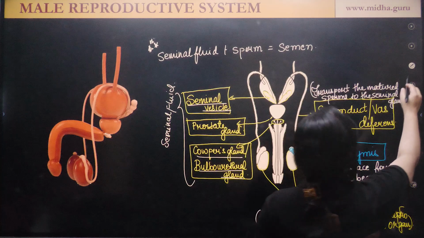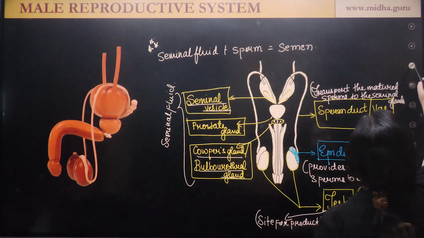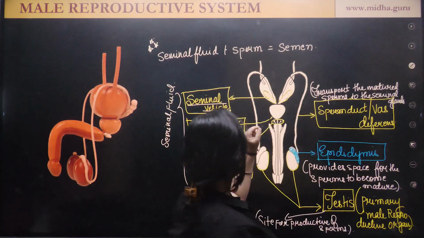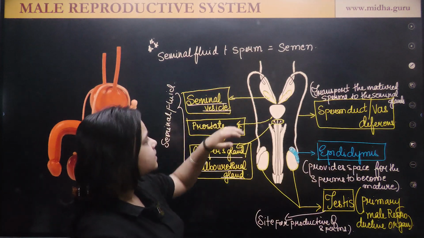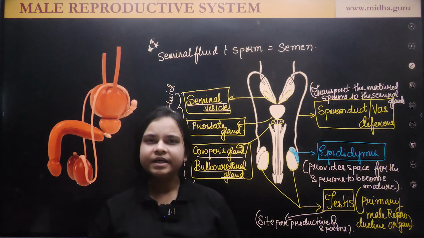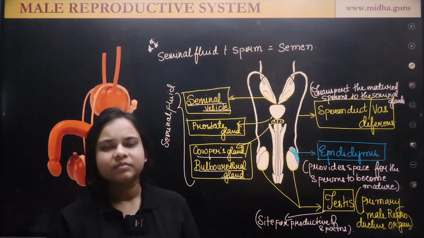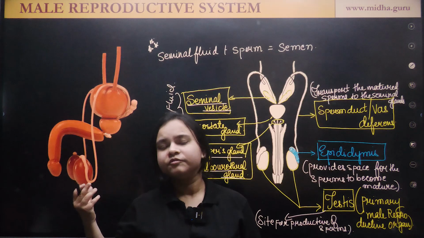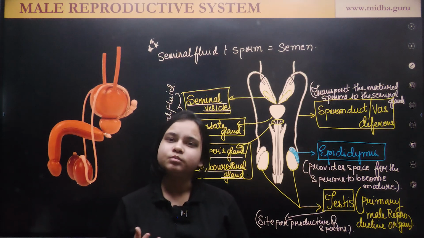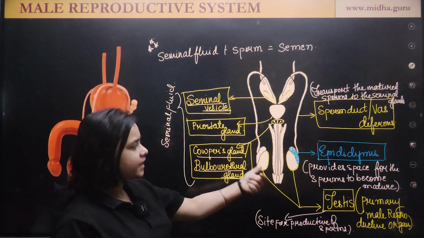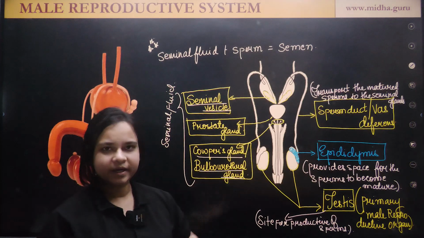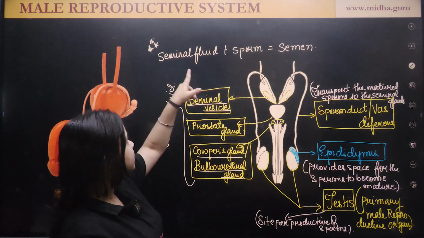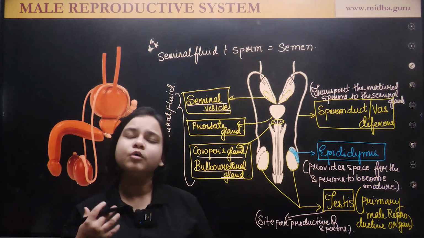Now after all these processes are executed, since sperm is a gamete, it needs some kind of medium so that it can flow or move smoothly. Motility has already been provided by the epididymis. Now sperm has got a medium as well, that is the seminal fluid, through which it can flow more smoothly and more prominently.